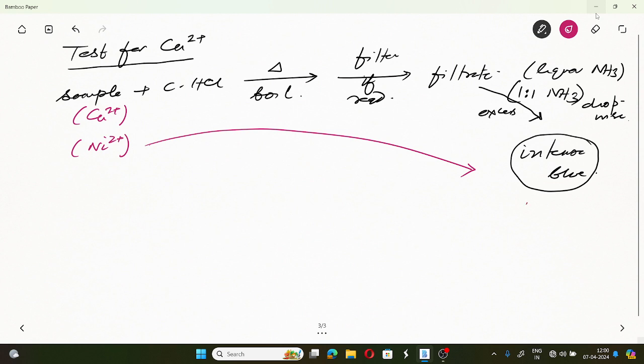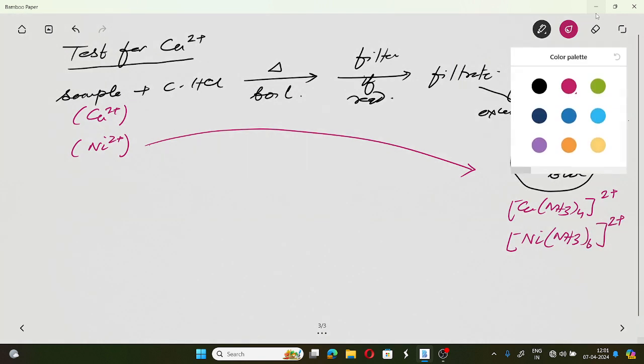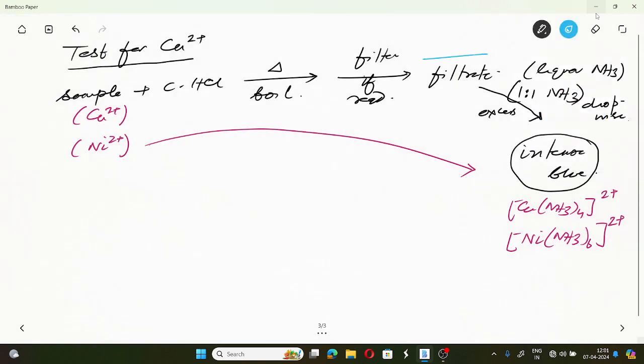For copper, this intense blue coloration is due to the formation of the tetraammine complex. If nickel is present, this intense blue coloration is due to the formation of the hexaammine nickel complex. So in order to confirm that it is copper, what should be done?